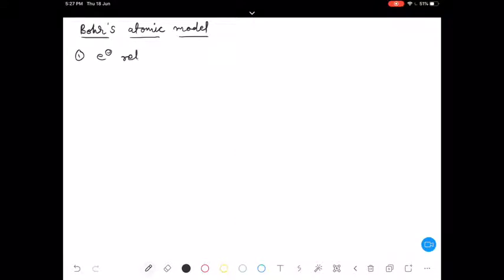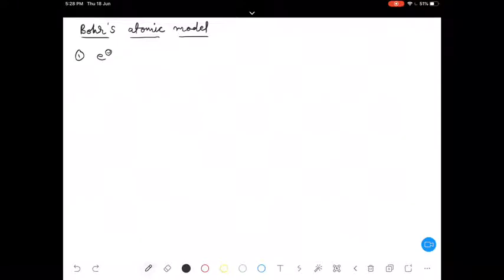the electron, which we defined at the time of the limitation of Rutherford's model.